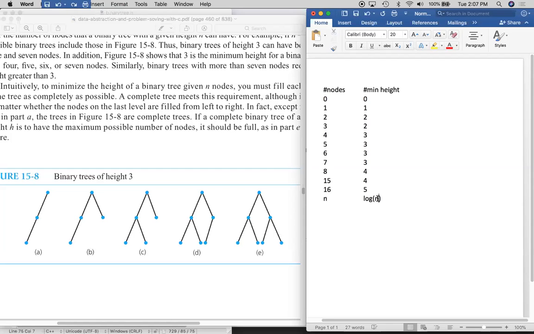Log base 2 of n, and then add 1 to it. Anyway, something along those lines, but roughly speaking, what we care about is that this is a logarithmic function, right? Which is a good thing.